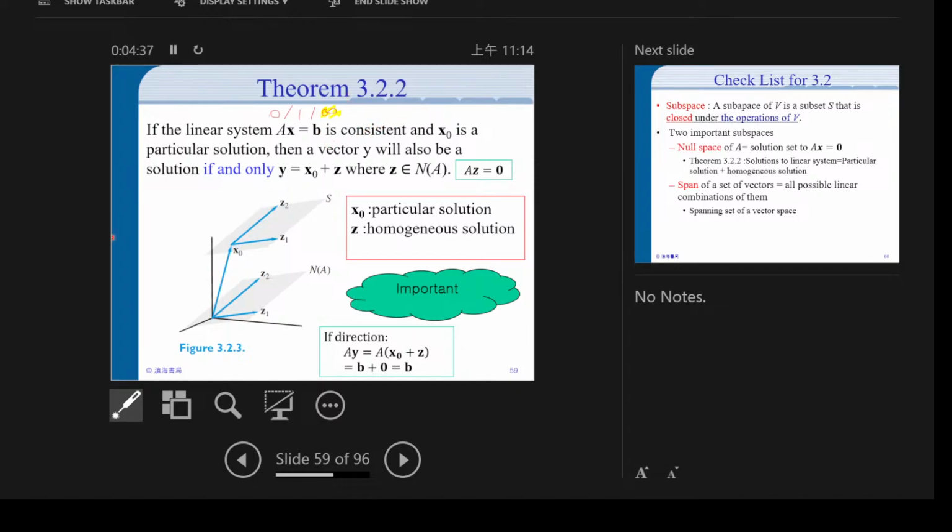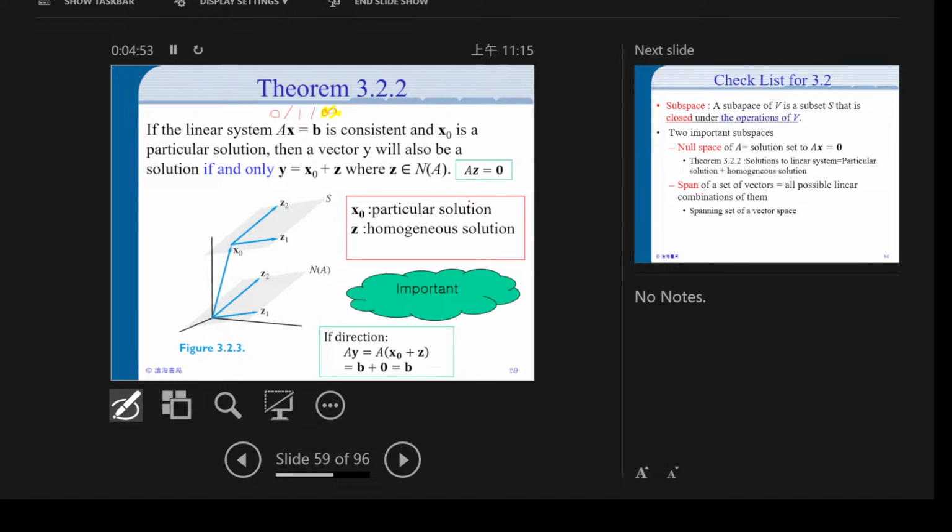The way to do it is first you find whatever solution, x0, called a particular solution. And every other solution can be written in this form. I guess here y should be boldface.